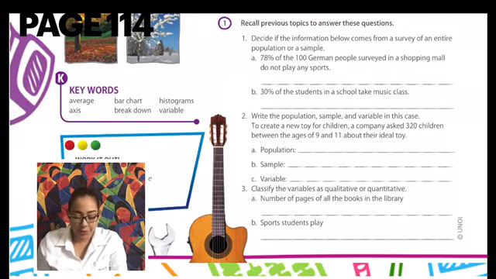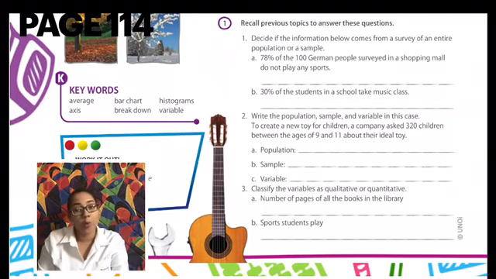Okay guys, so now that you finished answering, I hope, page 114, we're going to continue and let me share my answers from this exercise. Exercise number 1 says decide if the information below is population or sample.